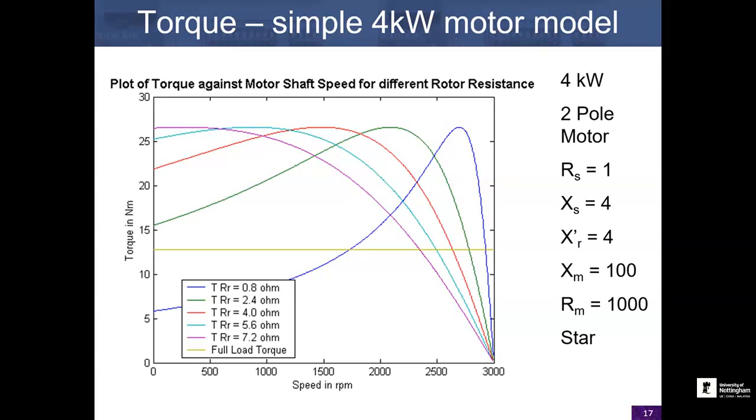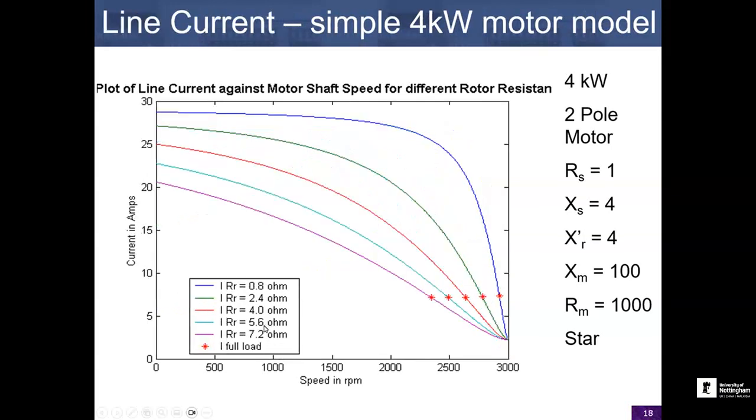Having a low resistance gives us very good performance in some ways, in terms of having an operating point that's very close to synchronous, so very small losses, but in other ways it reduces our starting torque, and we talked about how this has similar detrimental impacts on current, how we actually get much more starting current in a low rotor resistance machine than we do in a high rotor resistance machine.